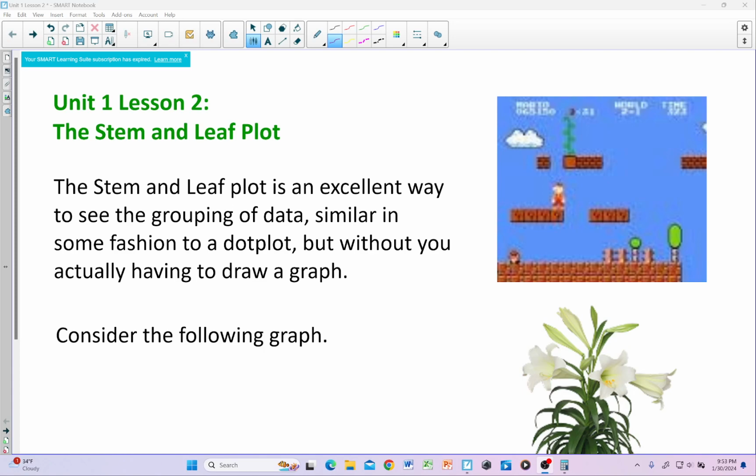It is a very unique kind of graph in the way that it showcases data not with points, but with the actual numerical values themselves. Much like a dot plot, it is a very good way to see grouping of data, but you're not actually drawing a graph. You're analyzing and organizing the numbers themselves. So let's take a look and see what that looks like.